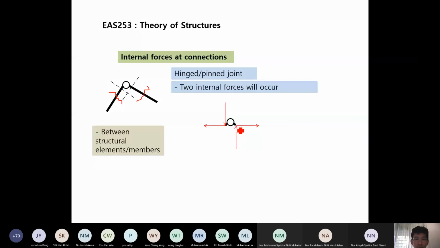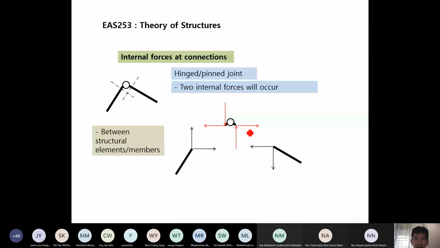When you do the cutting, if it's a pin connection here, in this member here you get two forces. And because this member is actually connected to this connection, at the connection here you also get two forces. The red one, same thing here.